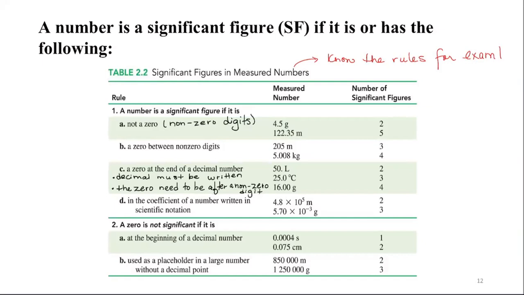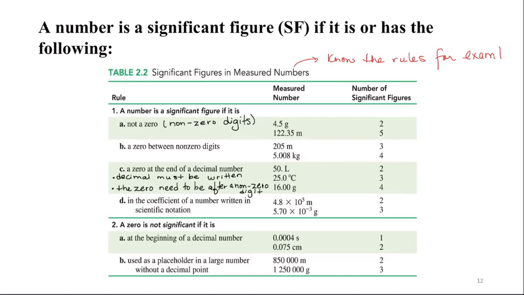If we look at the measurement 25.0 degrees Celsius, that has 3 sig figs. If we look at the measurement 16.00 grams, that has 4 sig figs. Remember, what we're trying to do with the sig figs is determine what are going to be the digits that carry meaning in a measurement.